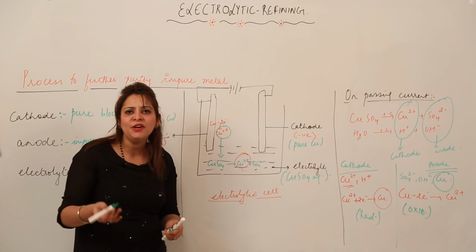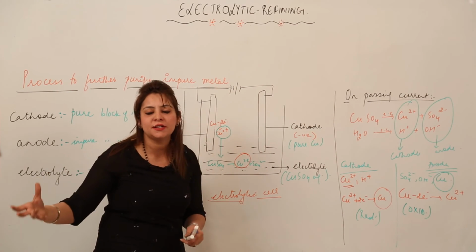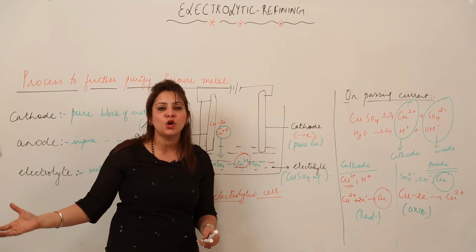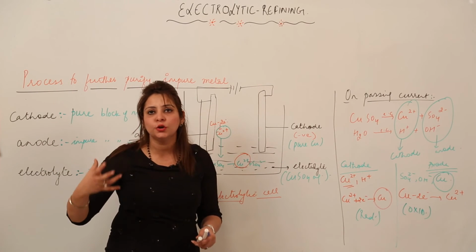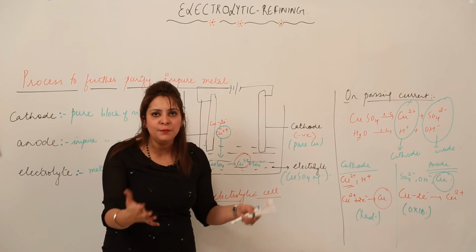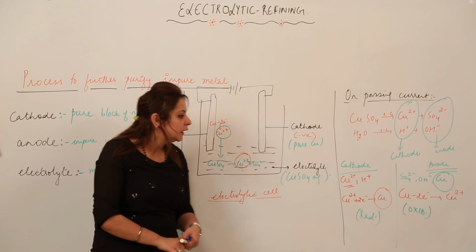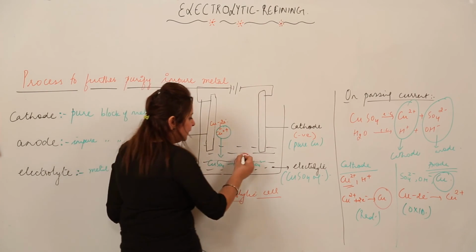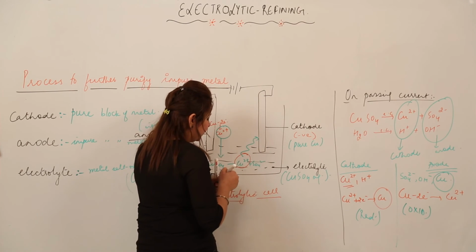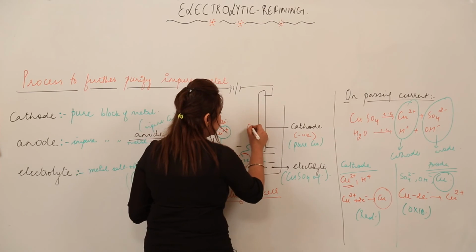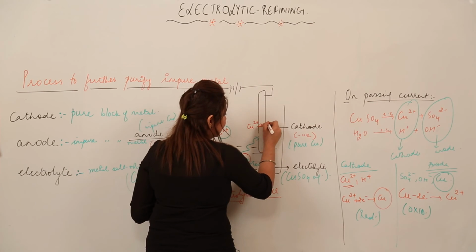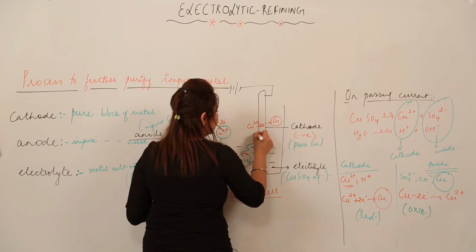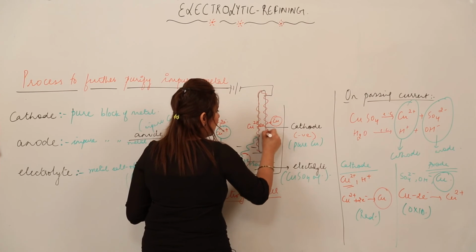You know that the same reactions which we were doing in electrolytic reduction, in basic electrolysis, or in plating, are applicable here as well. So these Cu2+ ions move here, and they gain their electrons back, that means reduction, and the cathode gets coated with pure copper.